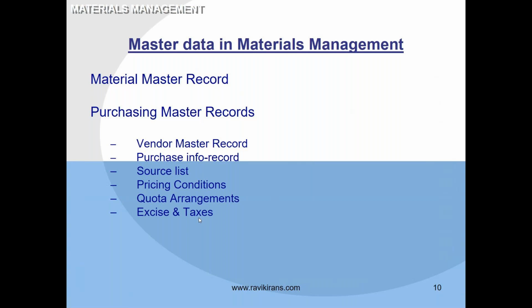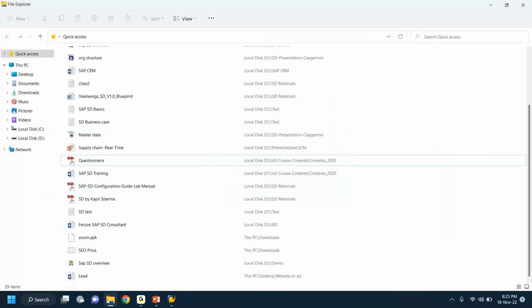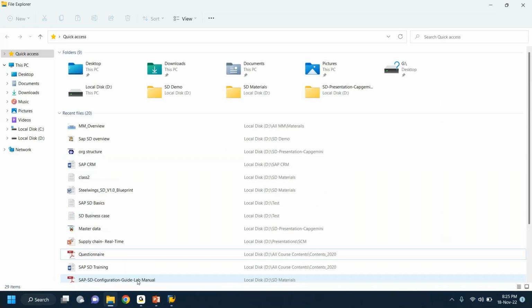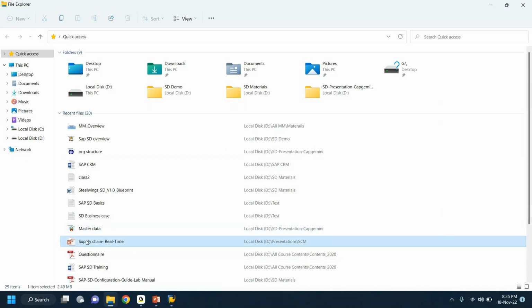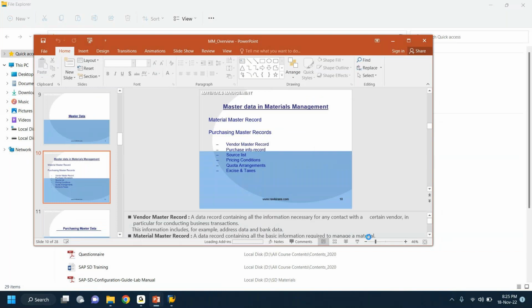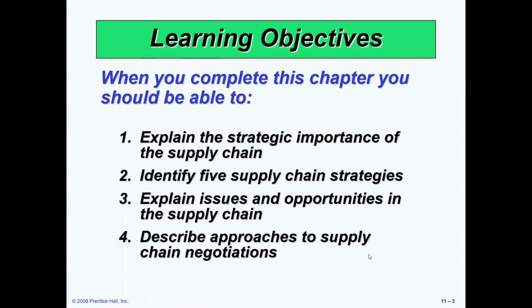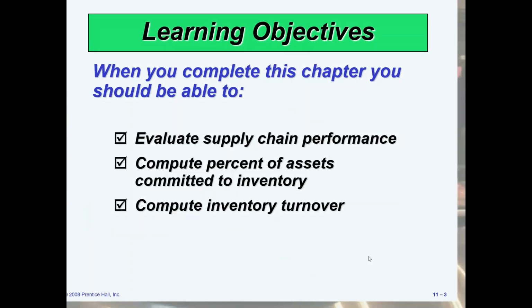When it comes to SCM, I will try to give you a proper understanding of why this entire supply chain knowledge is important, because I prefer business knowledge first. Suppose this is a restaurant and beverage company.